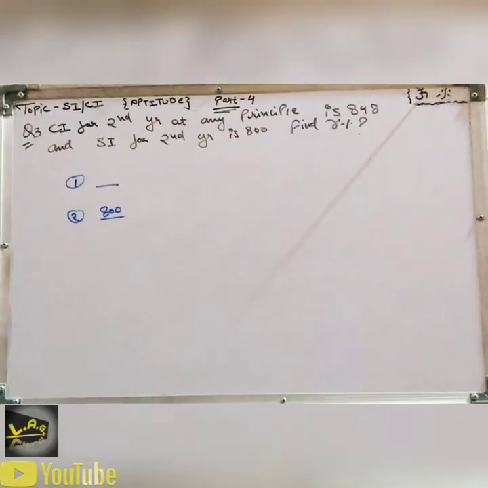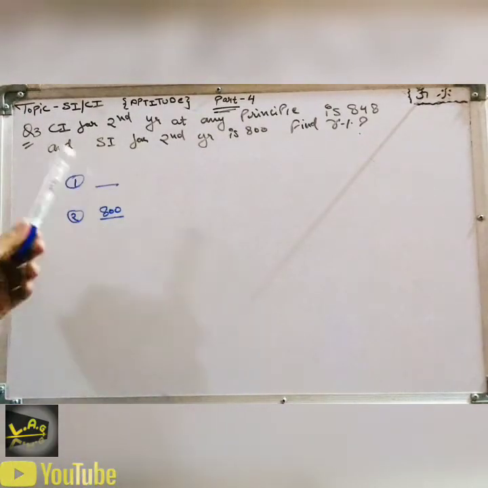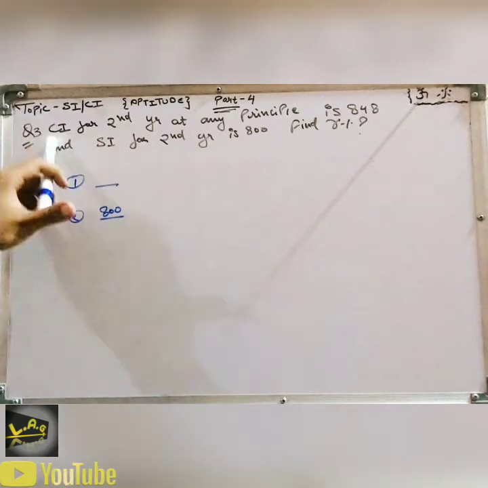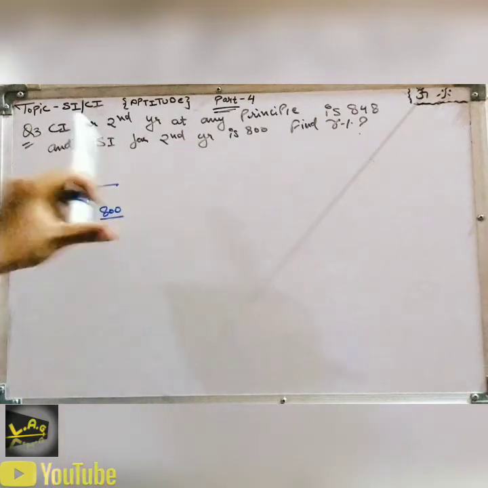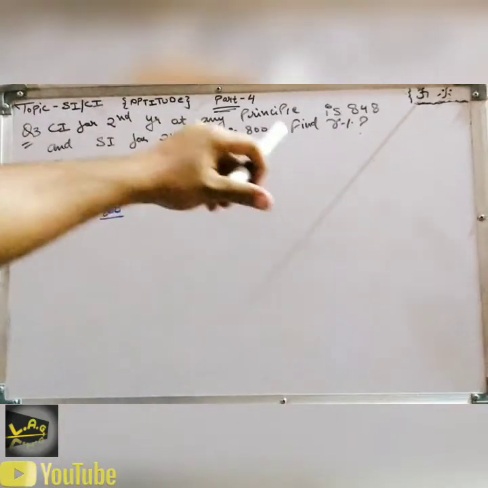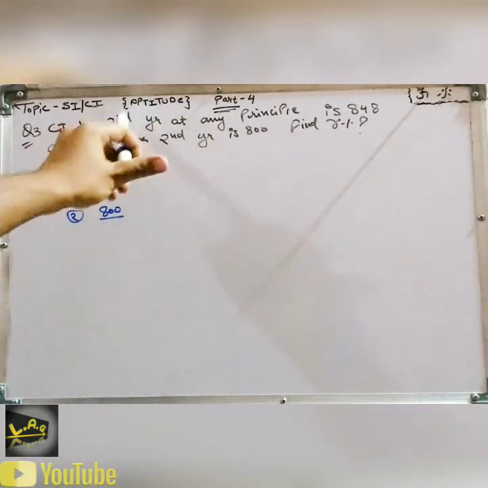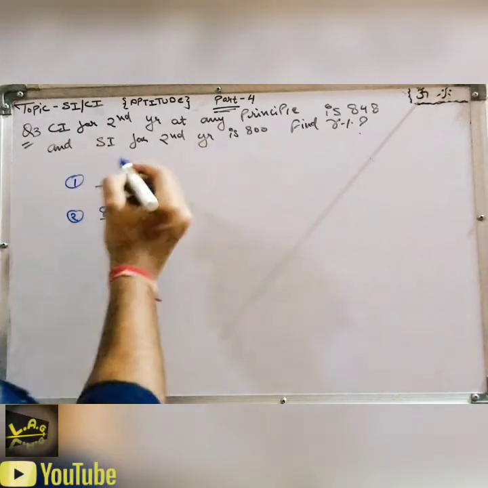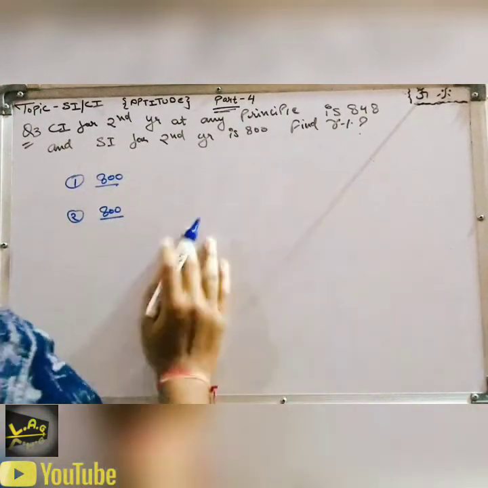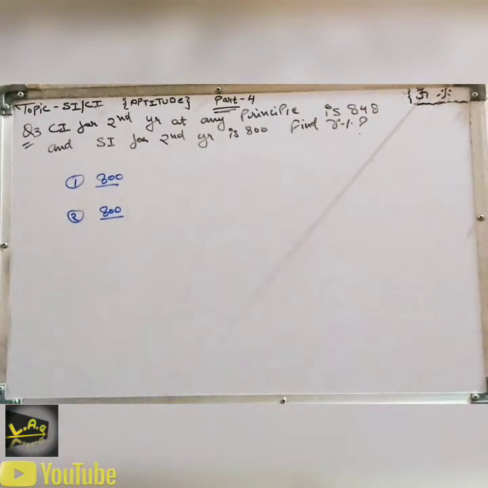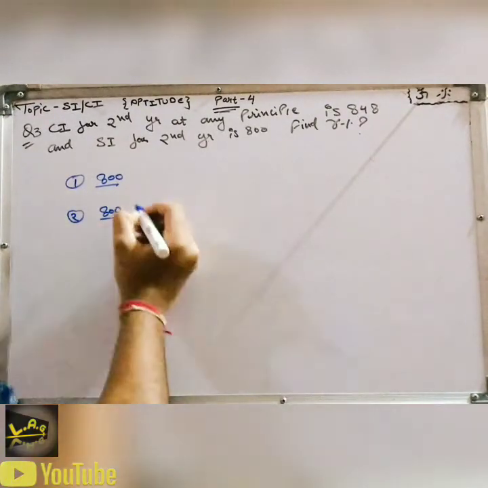Now by default the first year will also come with 800. Why? Because if the CI is mentioned for the second year, then it will be 848. You have to find this term second year 848, then you have 800, and to complete this sentence you have to put 48, or one more 48 dash for the second year.